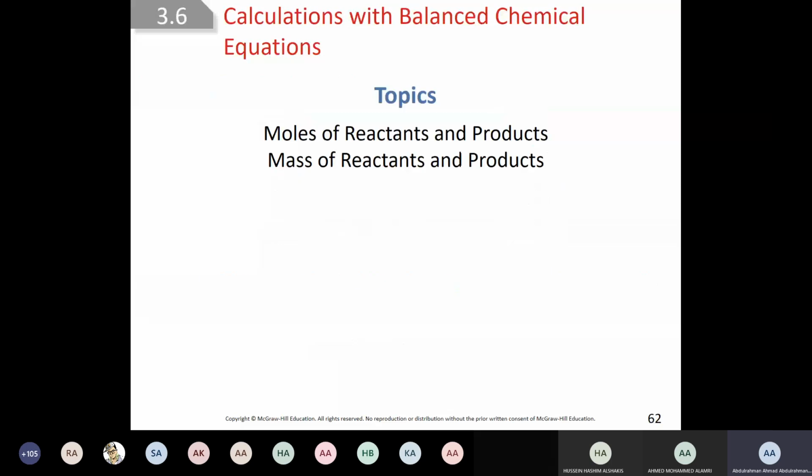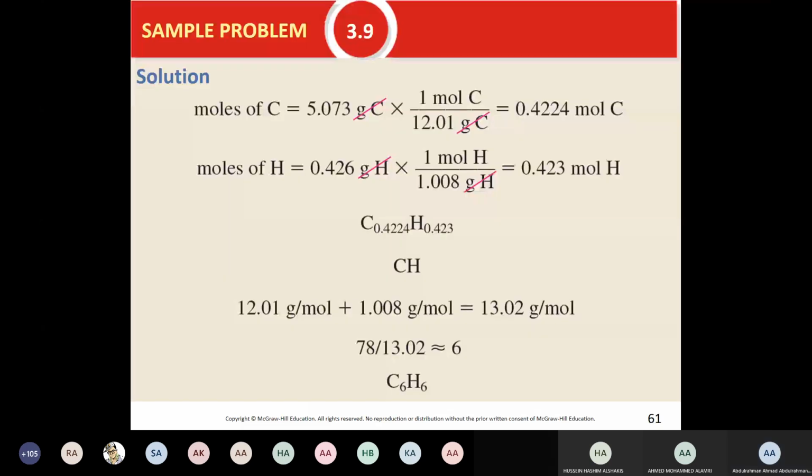Anyway, all right. Now, when we have any chemical reaction, for example, I have 2CO plus O2, then this gives you CO2.